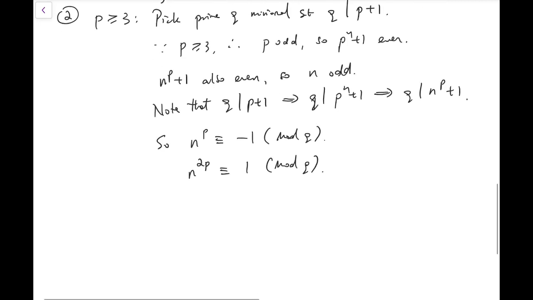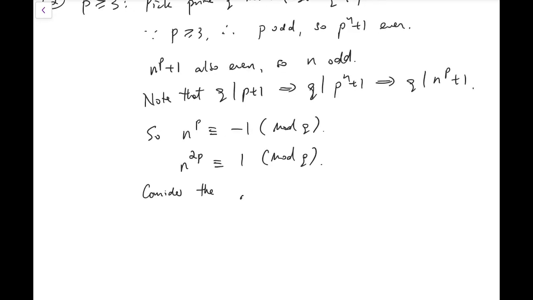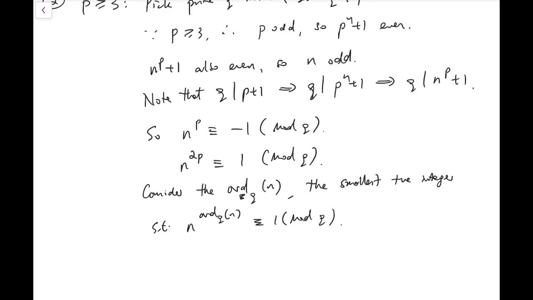So now I'm going to consider the order of n mod q, which is the smallest positive integer such that n to the power of that is congruent to 1 mod q.